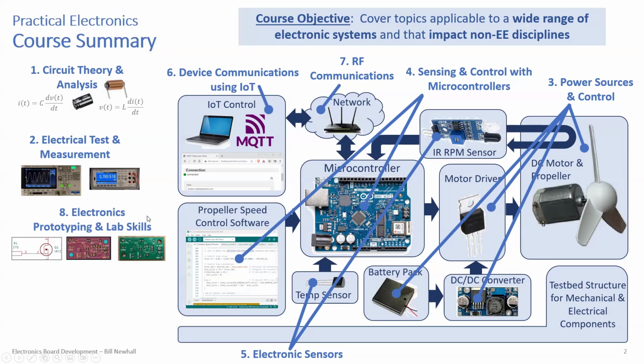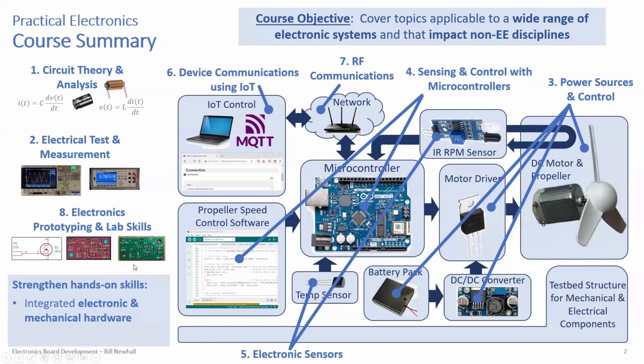And then through lab, we worked on electronics prototyping skills. So I hope that was valuable to give you some hands-on work there in the areas of electronic components, handled the electrical aspects, but also the mechanical hardware and mechanical interfaces, right? You had to solder. You had to make sure your wires didn't break. You had to have some strain relief in there. You had to make sure your project was rugged enough.